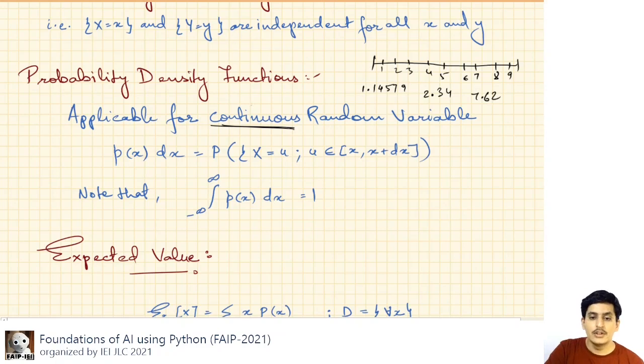All right. In a continuous random variable, we study their density functions, that is, where the maximum density lies, depending upon the probability of the values that it can take. Such a function is defined like this, and this is the property of the probability density function.